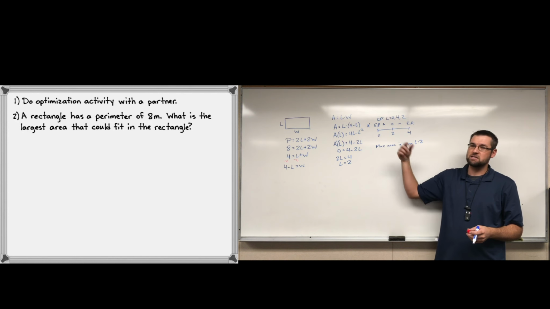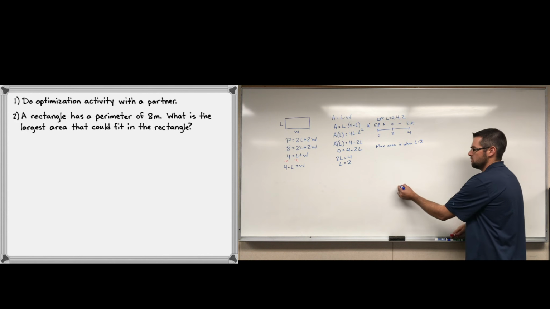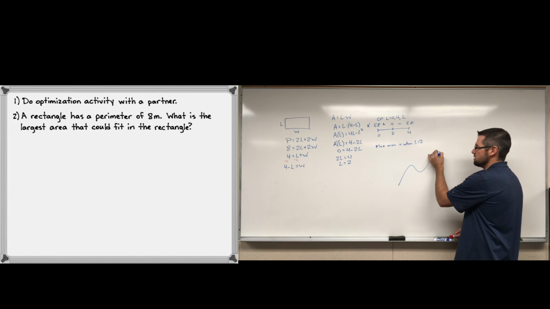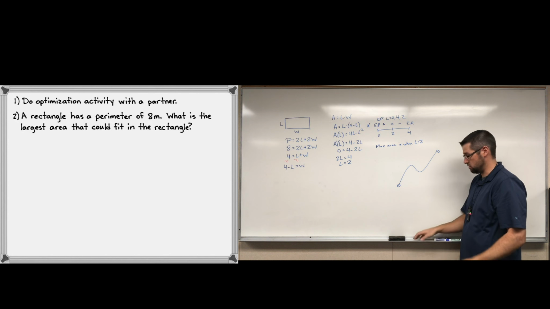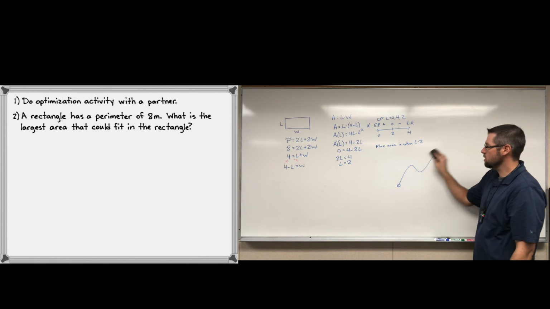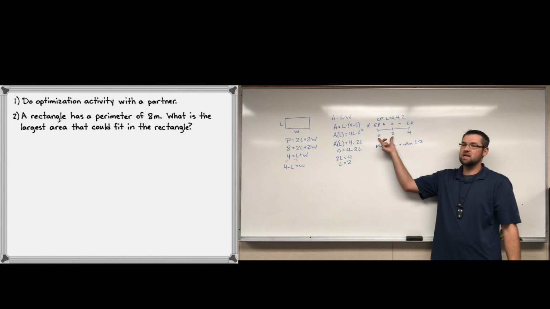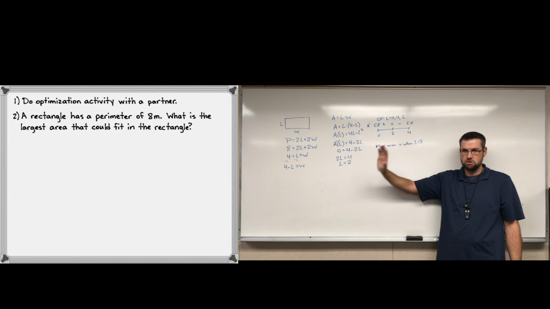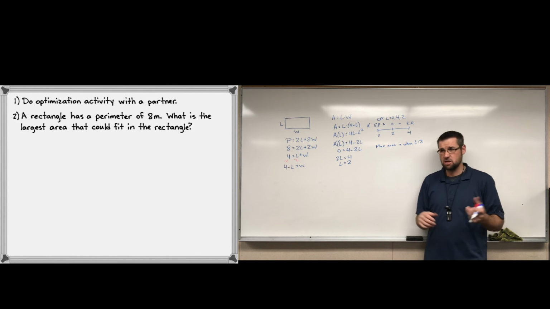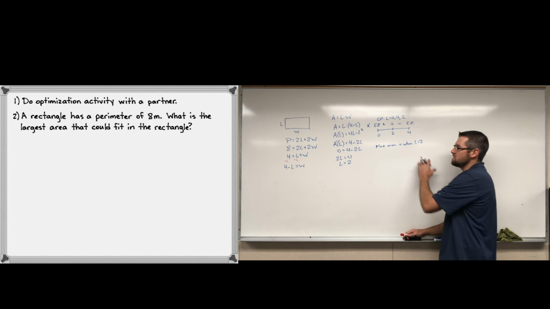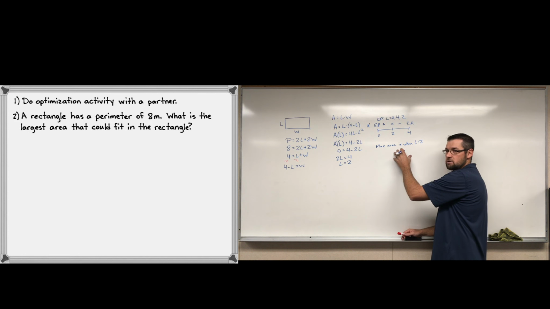Remember, you can't say that since this is the only relative max, it's the absolute max. The justification is that A prime is strictly positive from 0 to 2, and A prime is strictly negative from 2 to 4. That's the justification for absolute, okay? You guys understand that it's absolute max, right?